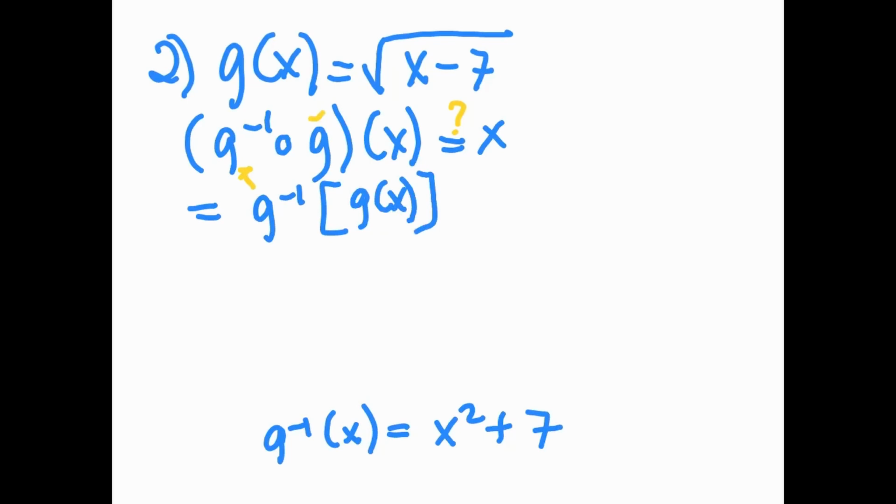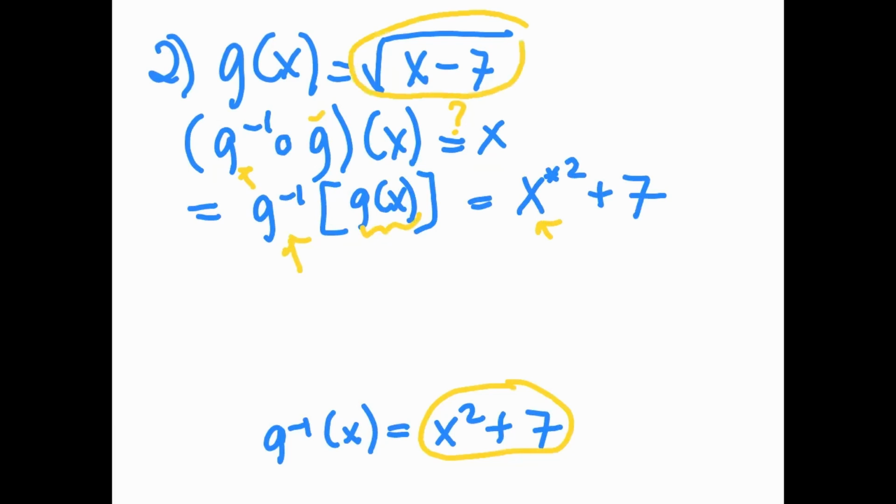Now g inverse should take this form, x squared plus 7, so we can write it out as x star squared plus 7, where x star will be what? This is g of x, and g of x is given by this expression, square root of x minus 7. So we'll now substitute this square root of x minus 7 into this variable x star in our next step.